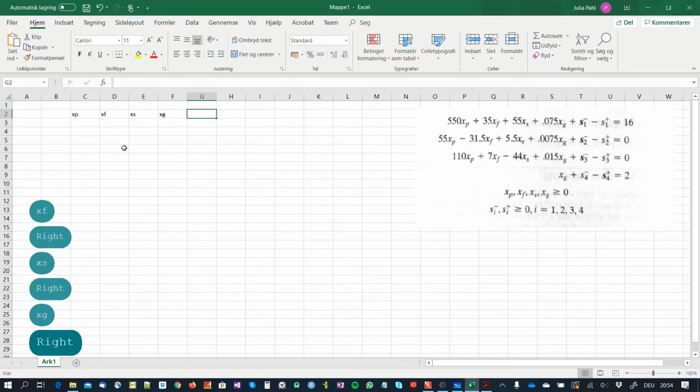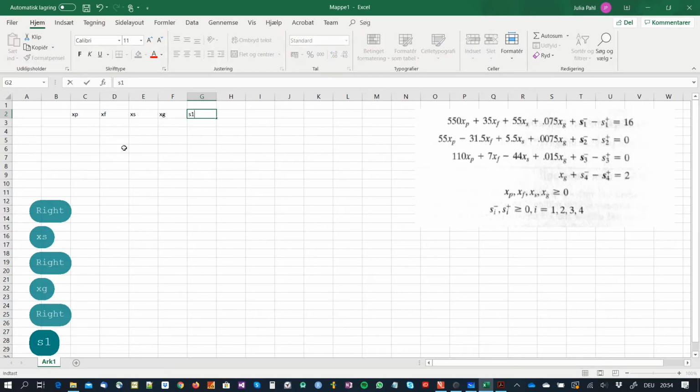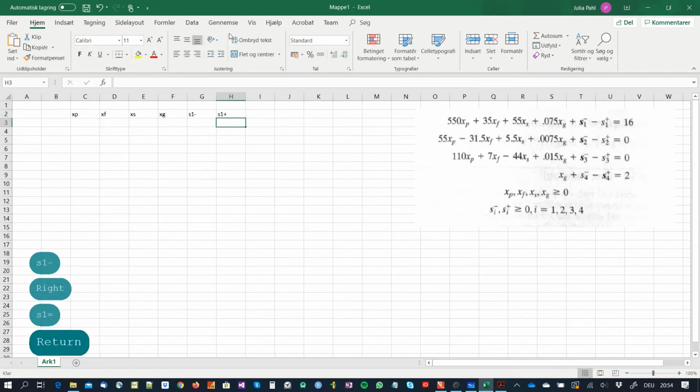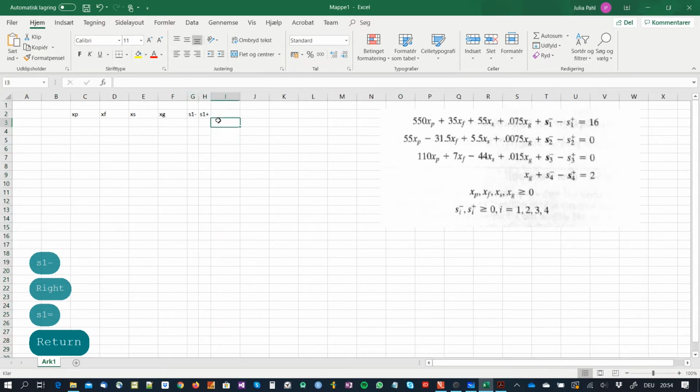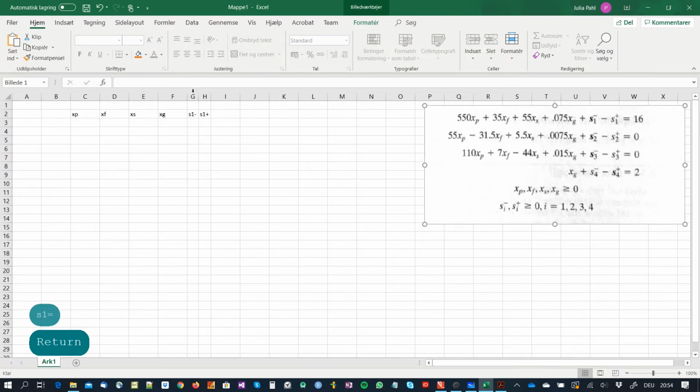And then for each and every goal we need S1 minus, S1 plus, and these pairs we need now for all our 4 goals. So I'm going to make a first version of that.